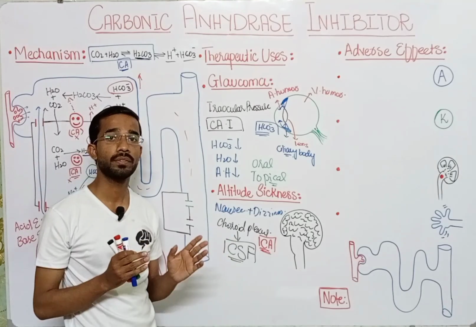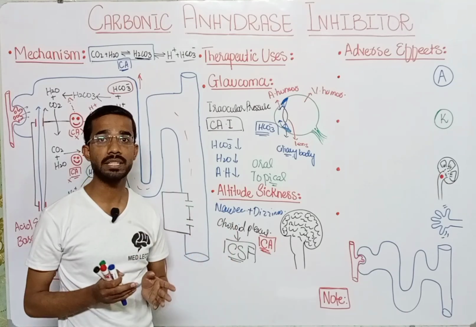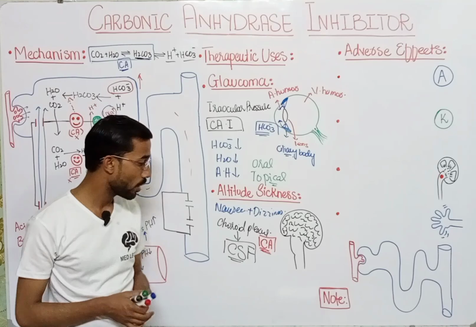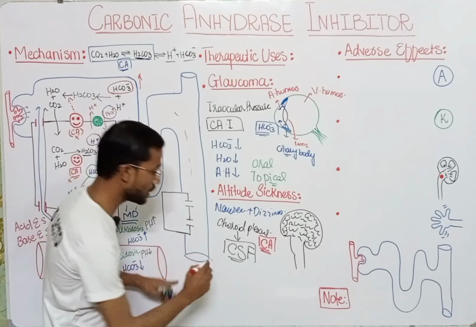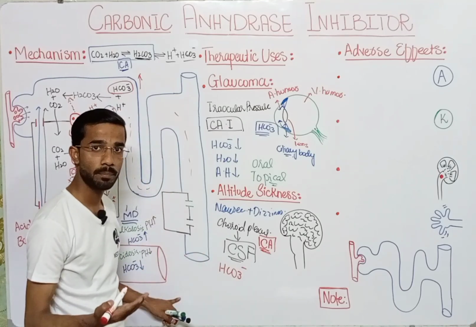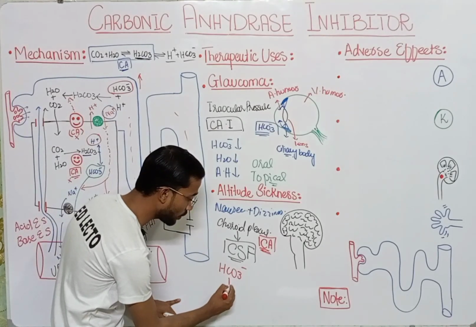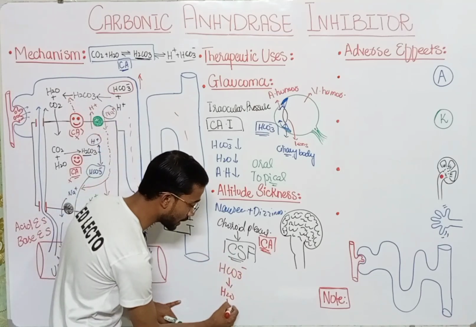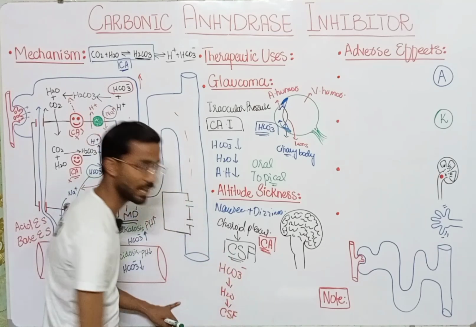So we know that carbonic anhydrase is involved in the production of bicarbonate ions. So here you also see the HCO3 negative bicarbonate ion produced, and along with that the water moves, and ultimately you will see the production of the cerebrospinal fluid.